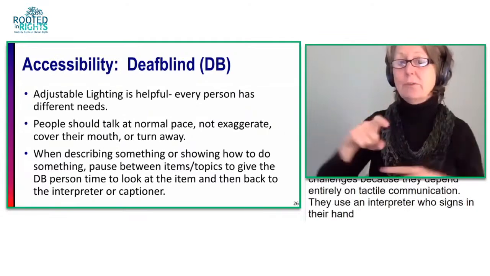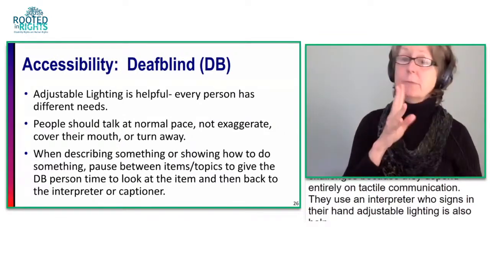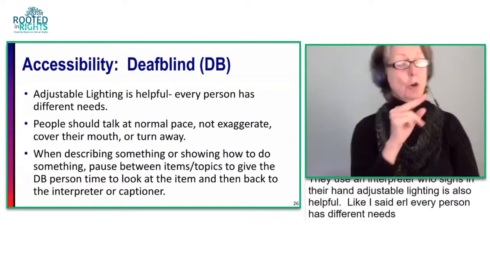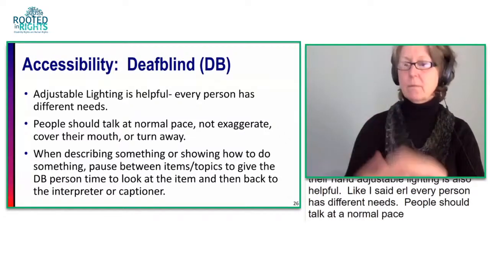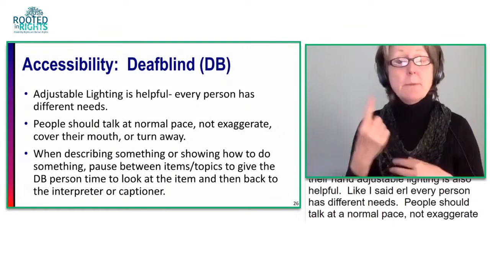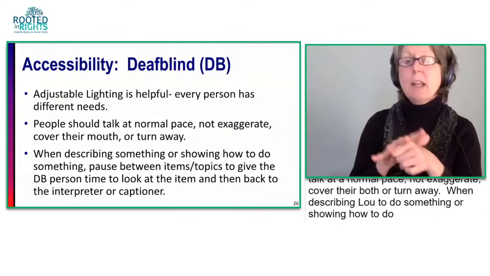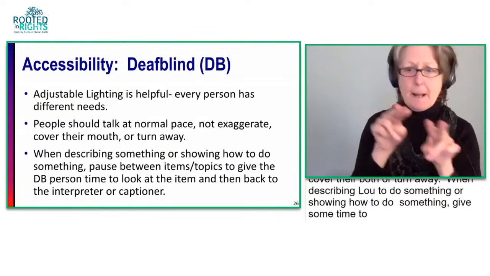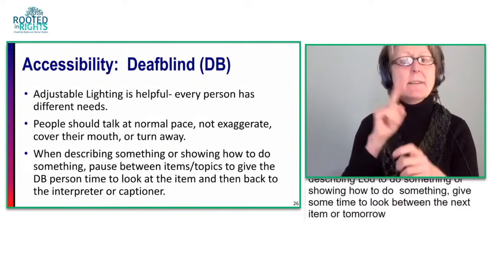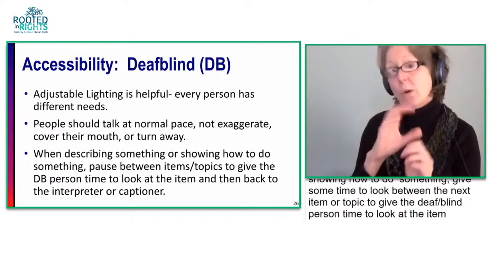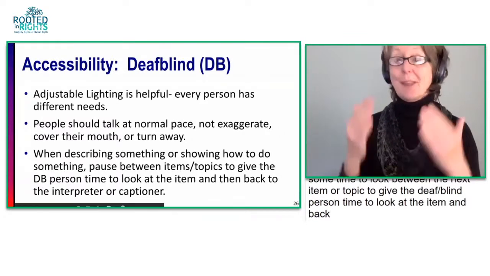People should talk at a normal pace, not exaggerate, cover their mouth, or turn away. When describing something or showing how to do something, give them time to look between the next item and topic to give the deaf-blind person time to look at the item and then back to the interpreter or captions. Next, please.